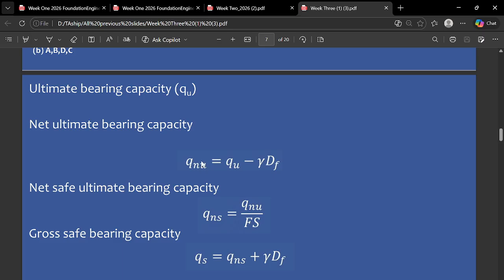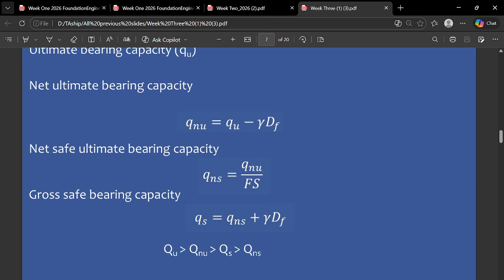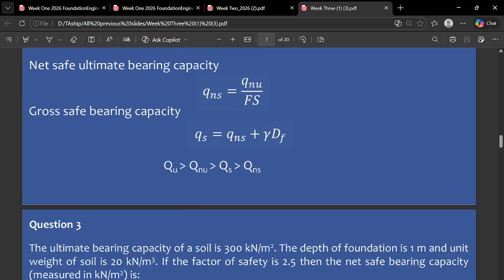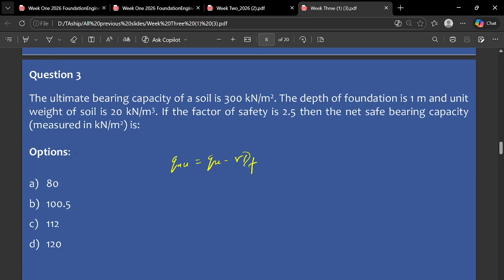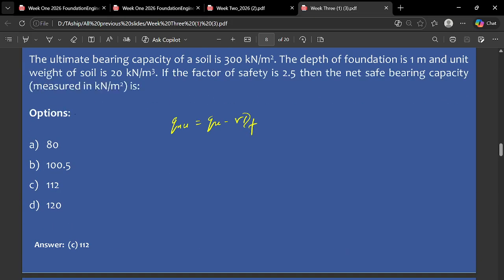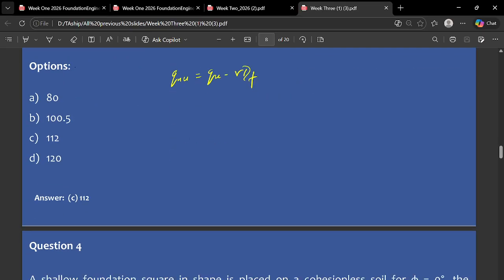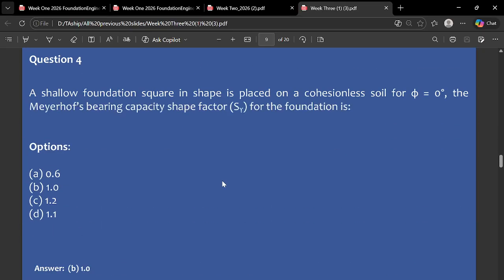First you have the ultimate bearing capacity, and if you remove the surcharge, that is the net ultimate bearing capacity. Then if you take into account the factor of safety, that is your net safe bearing capacity, and then this is your gross safe bearing capacity. These are some of the typical questions based on this.